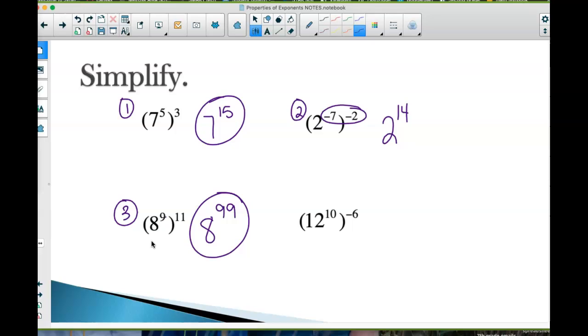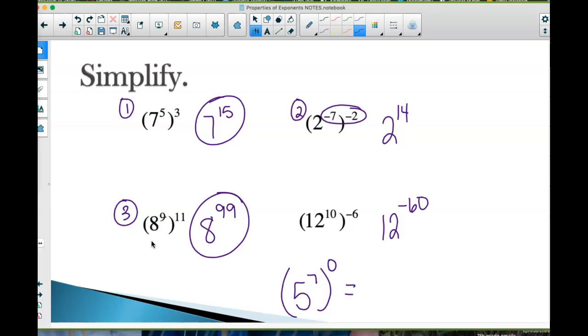Okay, 12 to the 10th power to the -6th power. It's going to be what? 12 to the -60th power. Absolutely. 10 times -6 is -60. Hey, what if I gave you this one? 5 to the 7th power to the 0 power.